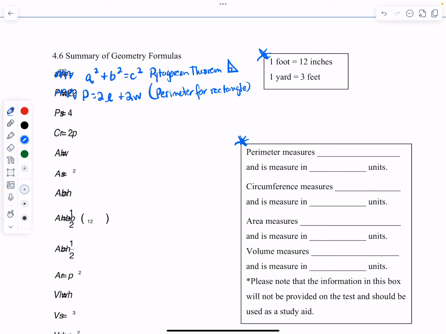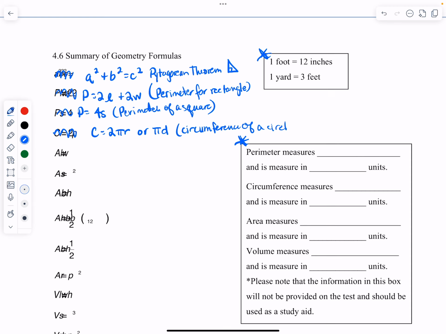Okay? Next one is perimeter equals 4 times the side. That is the shortcut for finding the perimeter of a square. The next one should say circumference equals 2 pi r or pi d, and that is finding the circumference of a circle.